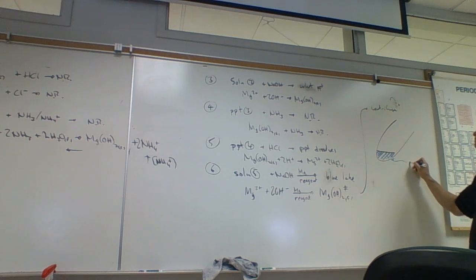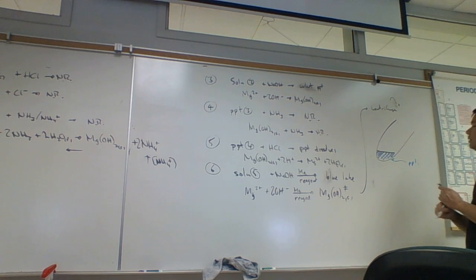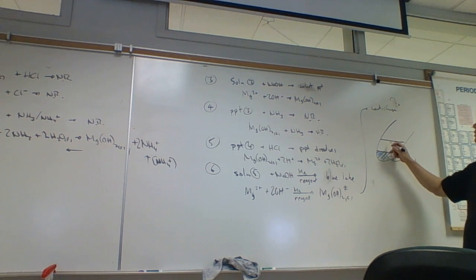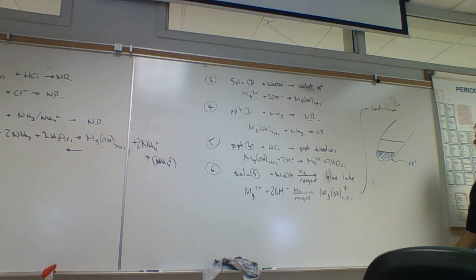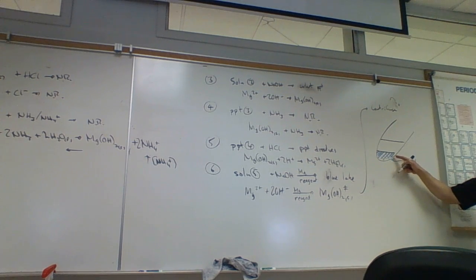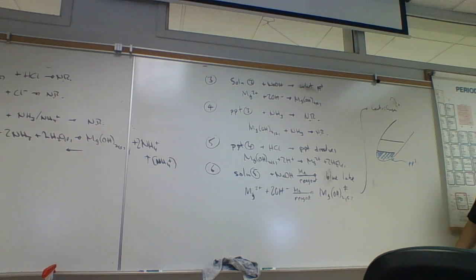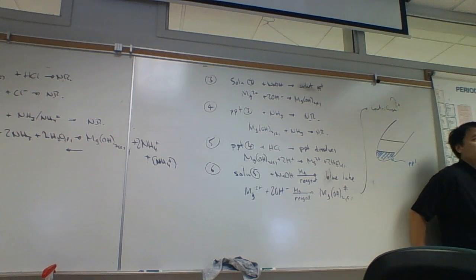So this is the precipitate above the liquid. The reason they call it a lake is because it looks like you made a little miniature lake in the bottom of your test tube, with the liquid, the sky, above it. So you look for that in this particular test. Okay, are there any questions about this?